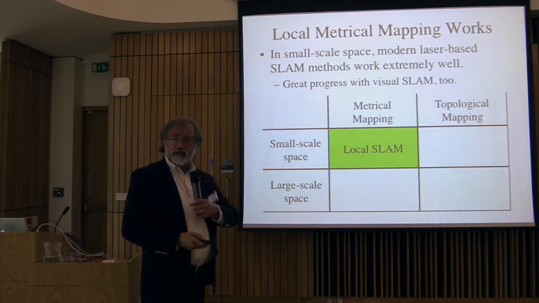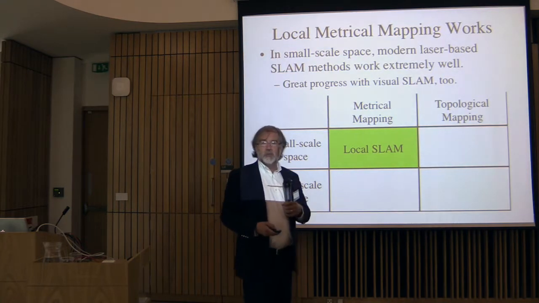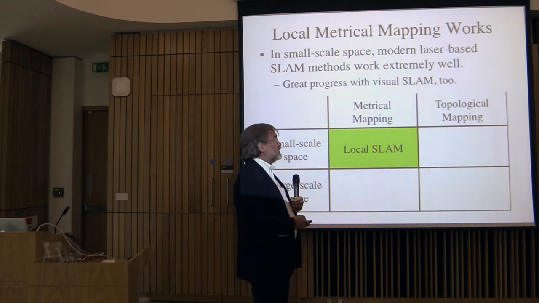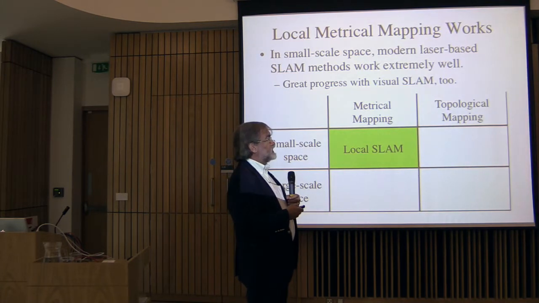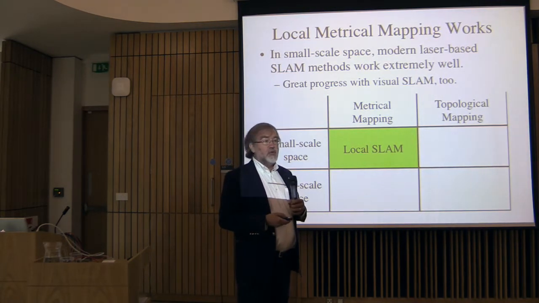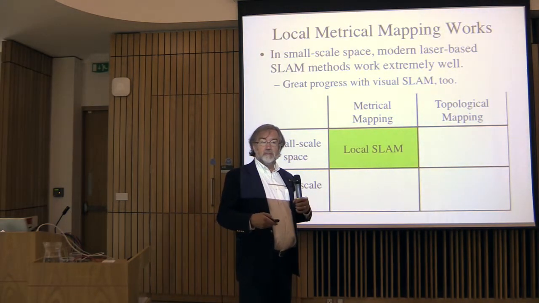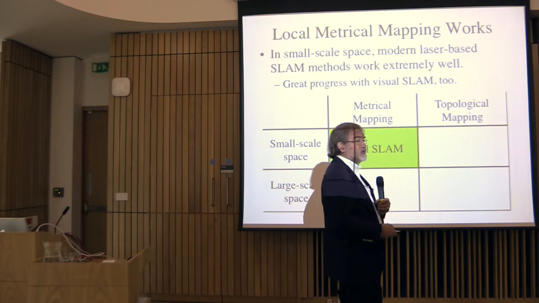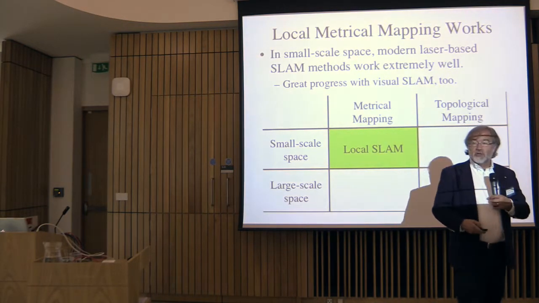And one of the things that started being developed perhaps 20 years ago was modern laser-based SLAM methods, methods for simultaneously localizing and mapping. And they just worked like a champ in small-scale spaces.